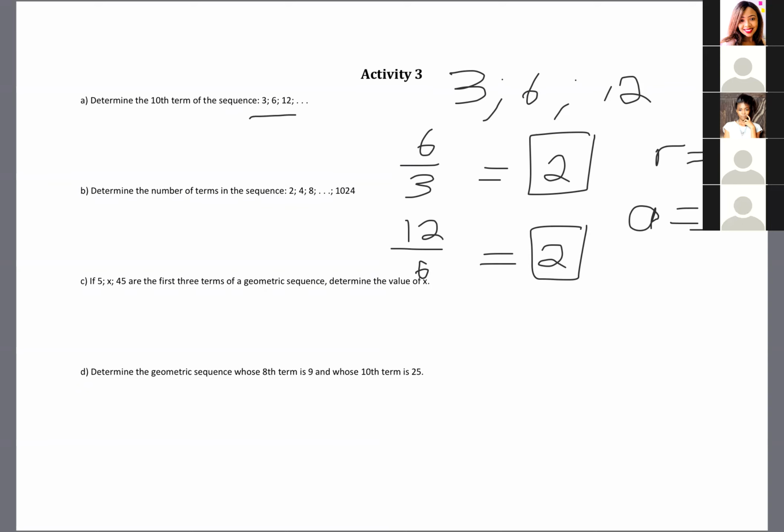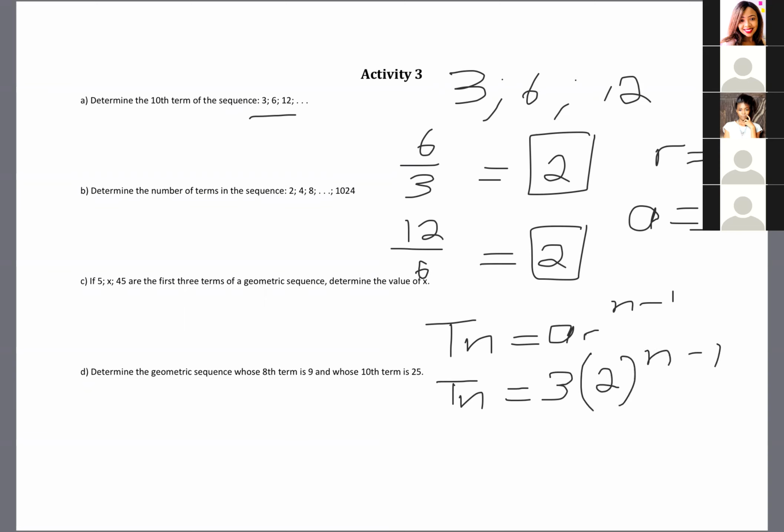So then you go to your general formula, which is Tn is equal to A R to the n minus 1, and you substitute your A and your R. So you're going to say Tn is equal to 3 multiplied by 2 to the n minus 1. Understand? So now with this question, it says determine the 10th term of the sequence. So I'm just going to say T10, and wherever I see an n, I substitute with a 10.